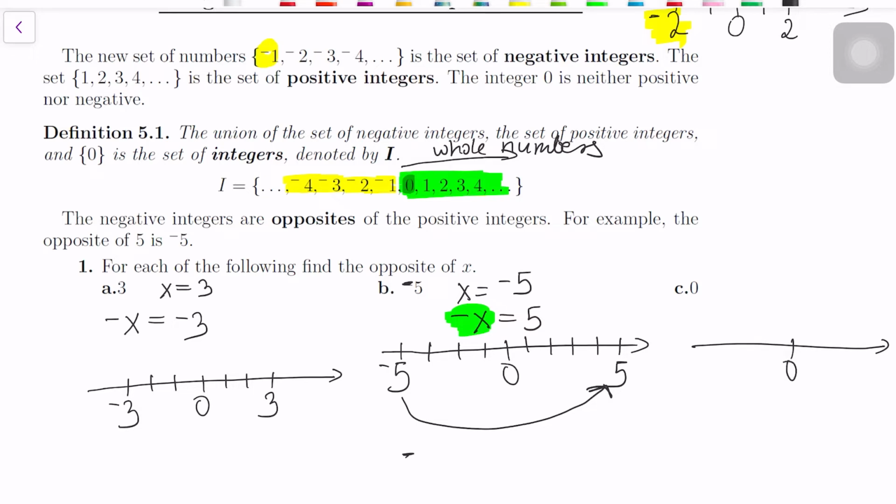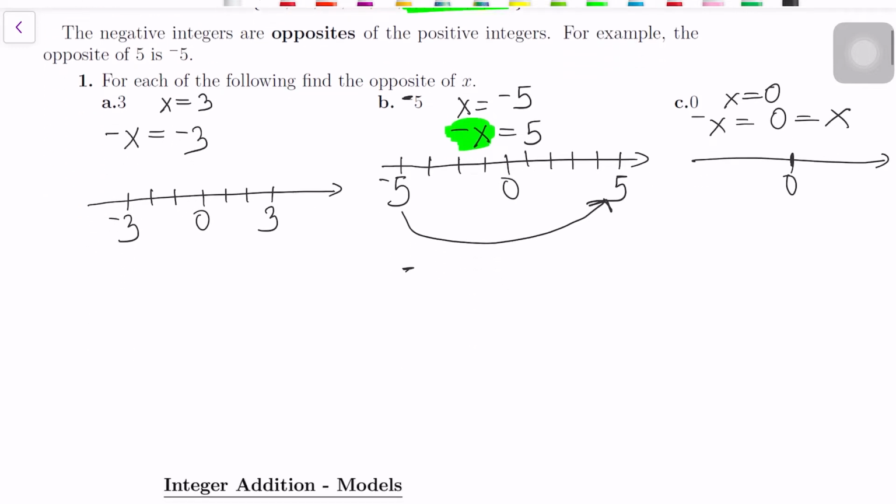Well, if that's 0, the opposite to it is the same, 0. So the opposite to x, in this case, is the same as x itself, but that's only possible for 0. So the opposite equals the number itself only in the special case when the number x is 0. Okay, so I think that's pretty straightforward.